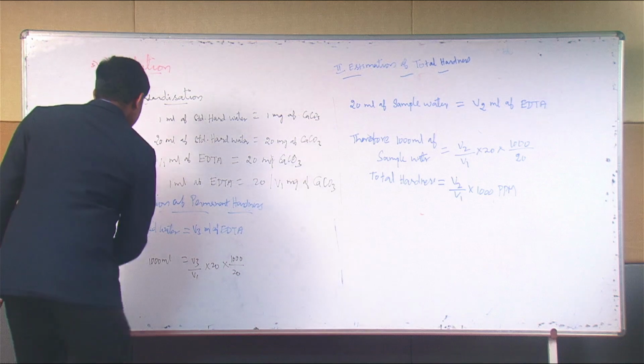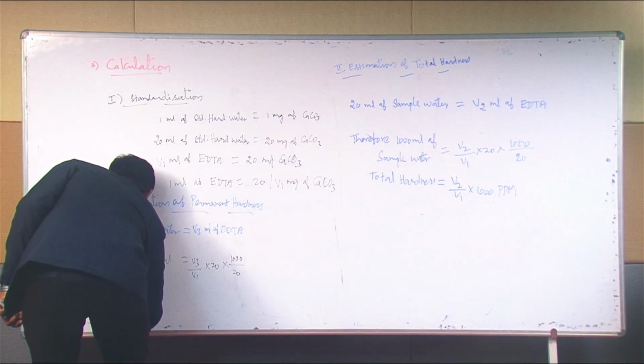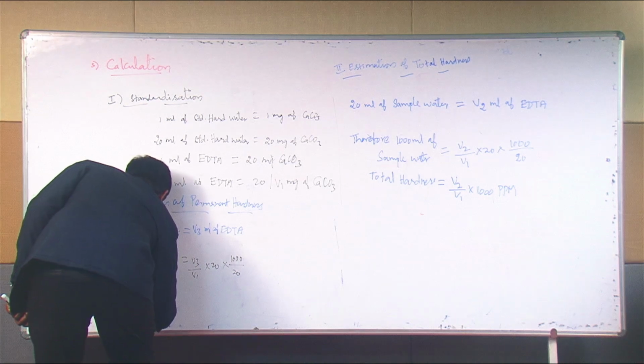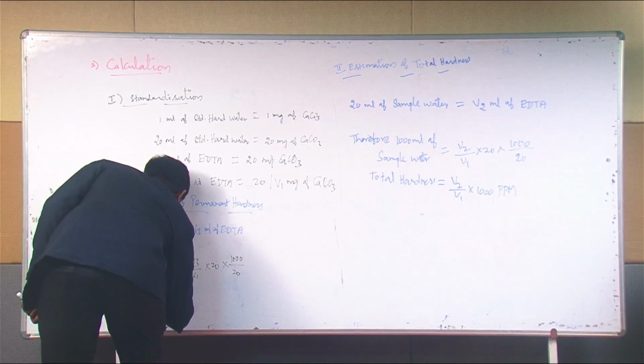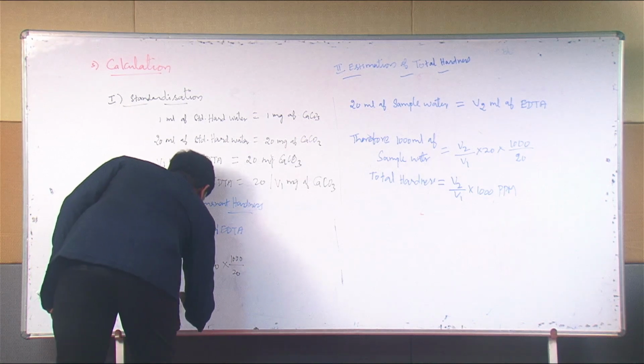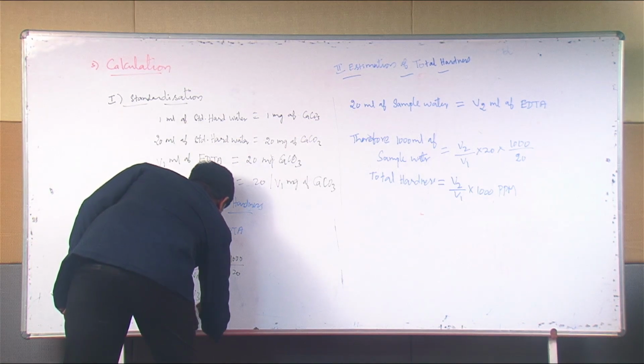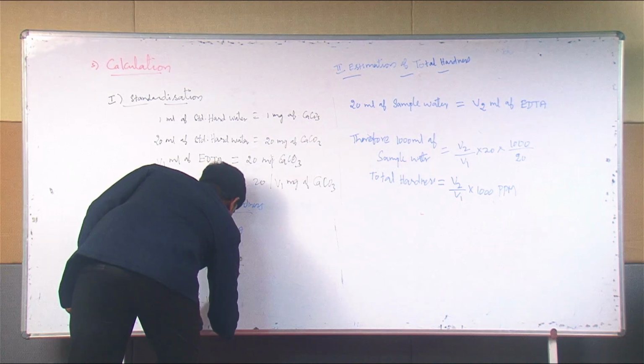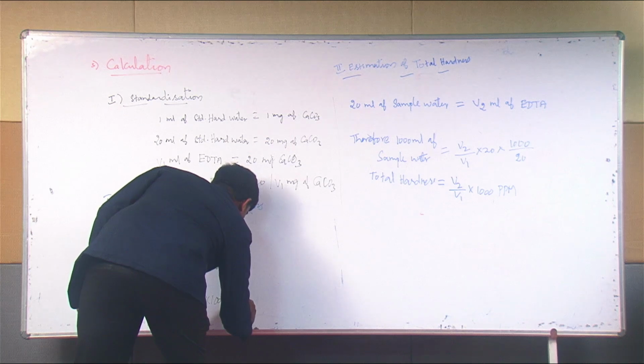So, permanent hardness is equal to V3 by V1 into 1000 ppm.